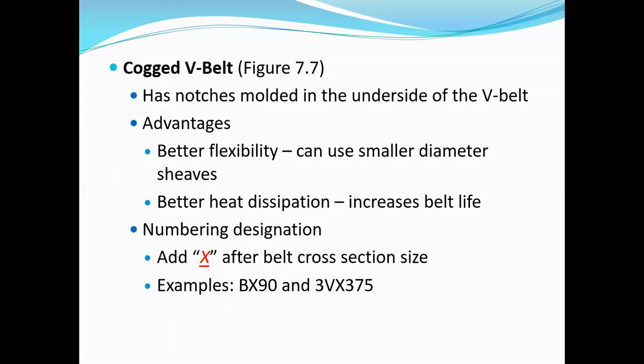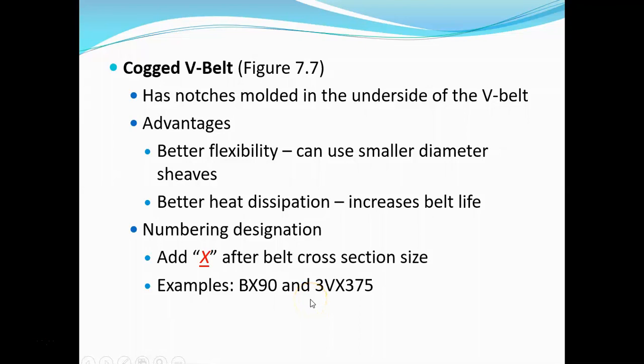So the only difference in the sizing when you have a cogged V-belt, and it can be in the classical V-belt configuration or the narrow grooved V-belt configuration, you're going to have an X in the sizing designation. So our example for the classical V-belt was a B90 in the previous slide. If it's a cogged configuration, it's going to have an X. So you'll have a BX90.